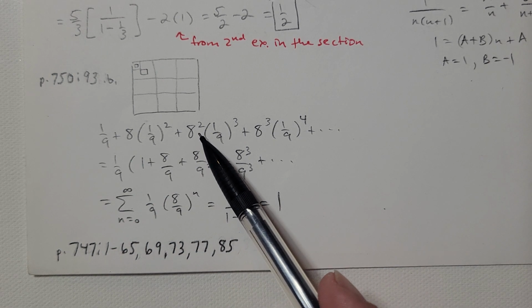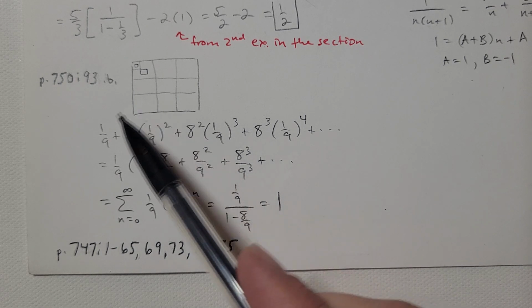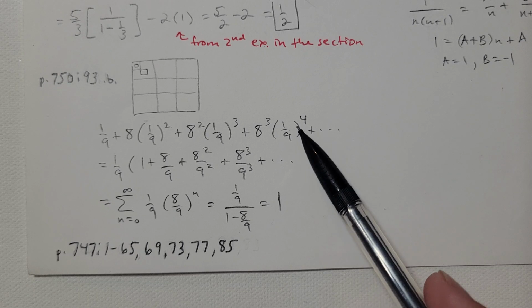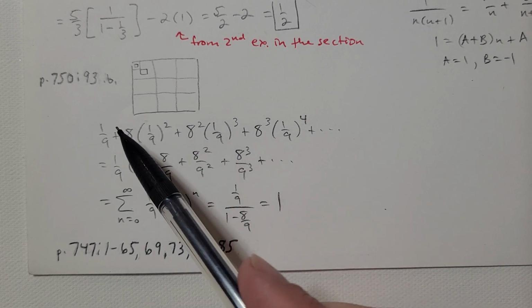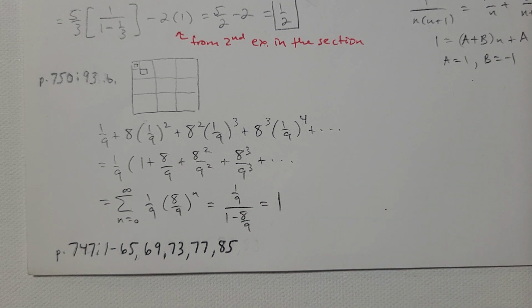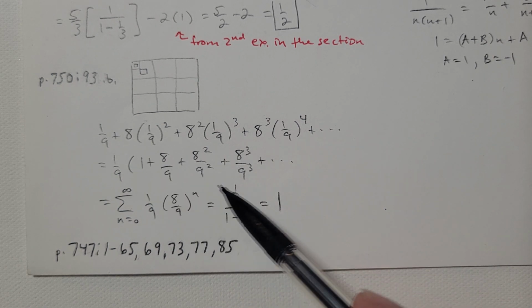Then plus 8 squared divided by 9 squared, then plus 8 cubed divided by 9 cubed. Again, 1/9 is out front there. Then let me switch over to summation notation. So I've got 1/9 times this sum.